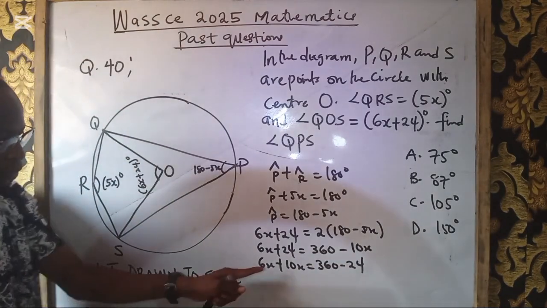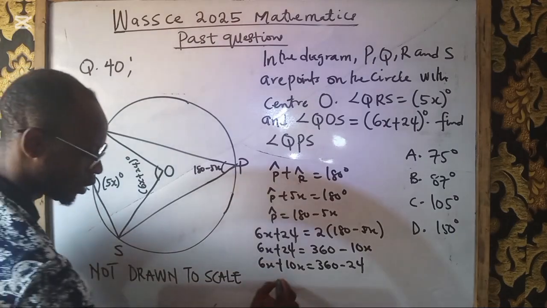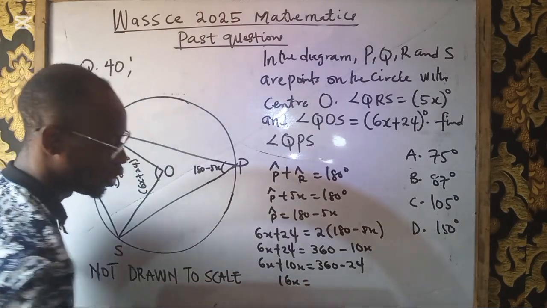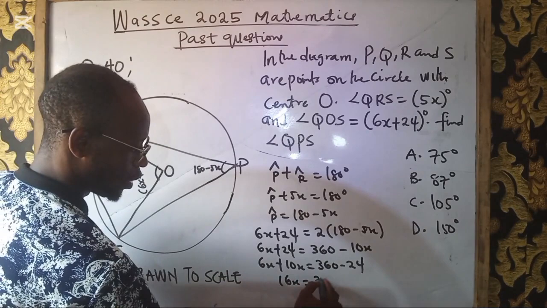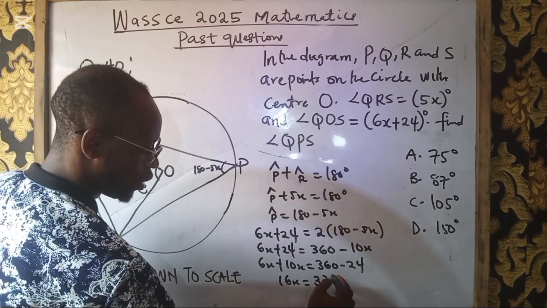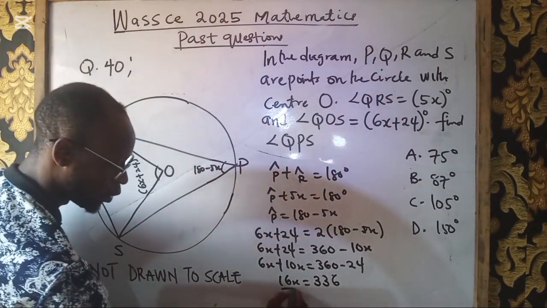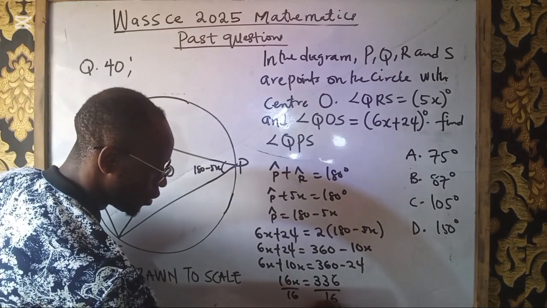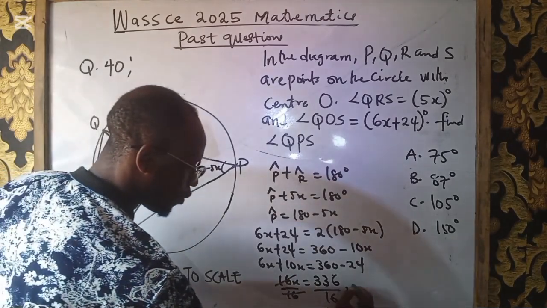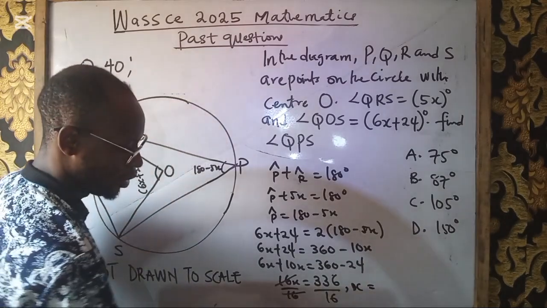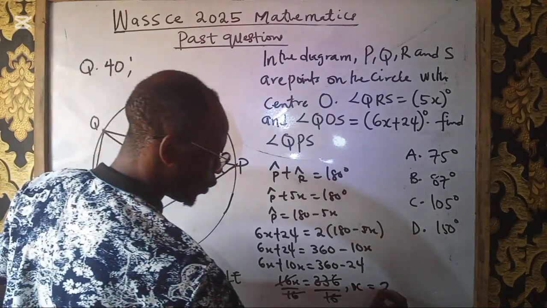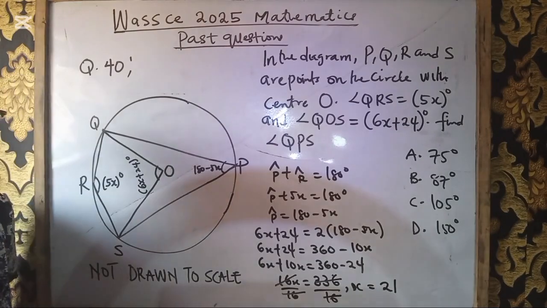So 6x plus 10x is 16x, equals 336. To get the value of x, we divide both sides by 16. So the value of x, when you divide 336 by 16, is 21. So you have gotten x to be equal to 21.